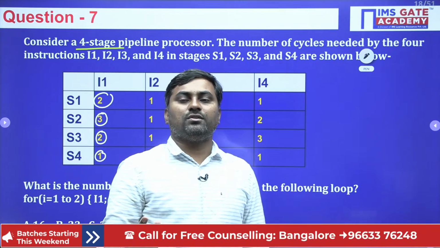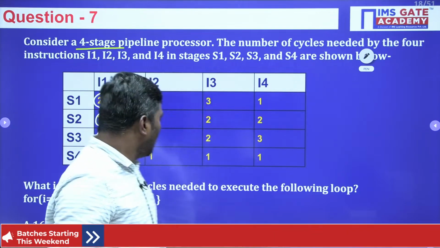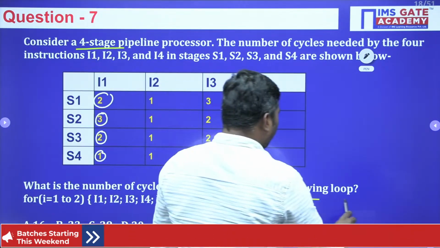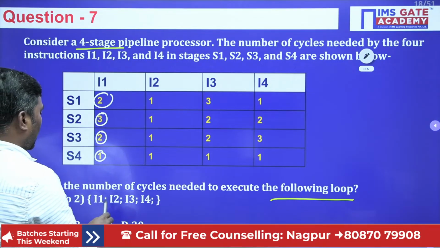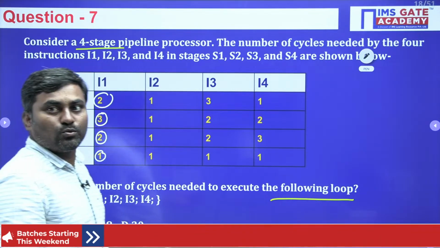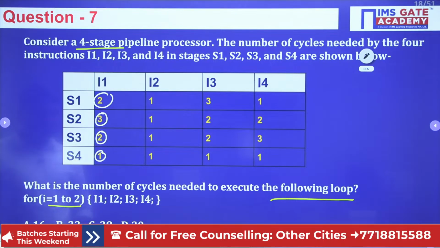Each instruction takes a different number of clocks in each stage. Now they are asking the number of cycles needed to execute the following loop. The loop is for i equal to 1 to 2, so it repeats 2 times, and 4 instructions I1, I2, I3, I4 are executed.